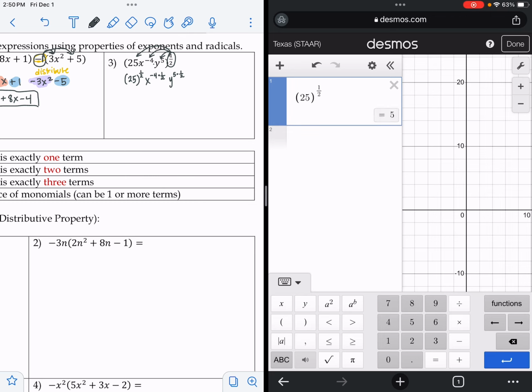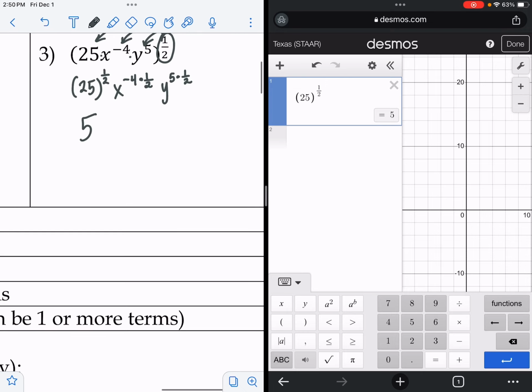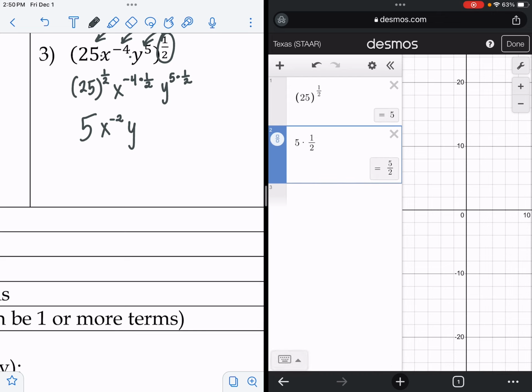And that would give you a 5. 1/2 exponent is the same as a square root. Okay, and then we can multiply the -4 times 1/2. That would give you -2. And then 5 times 1/2 would give you 5/2. Always use the fraction.